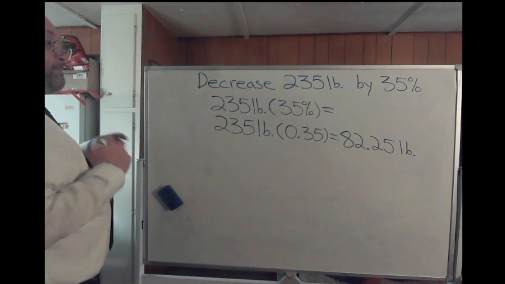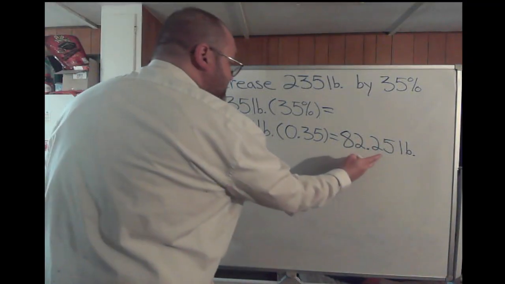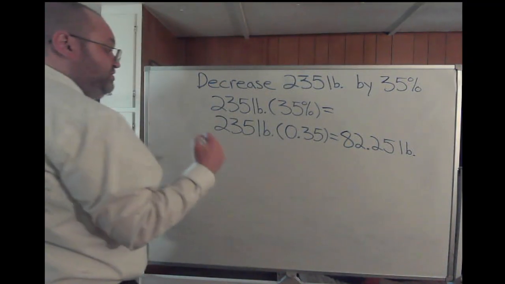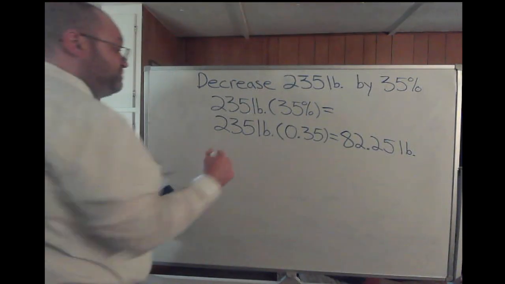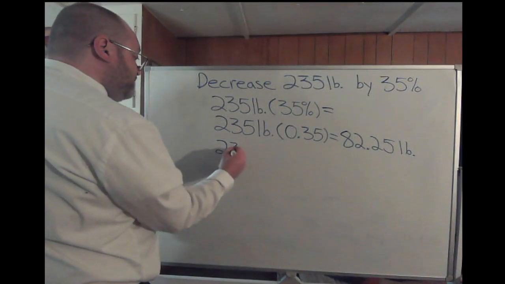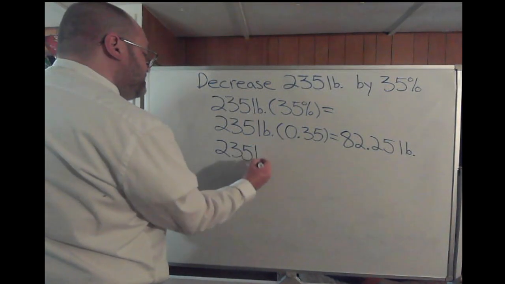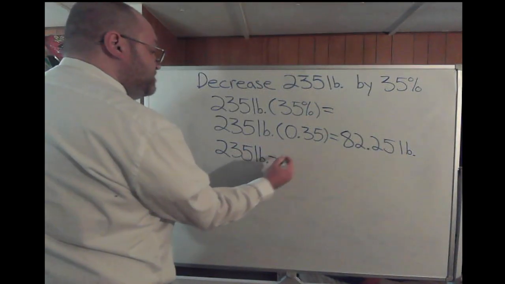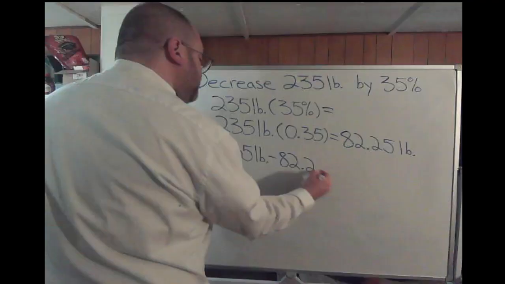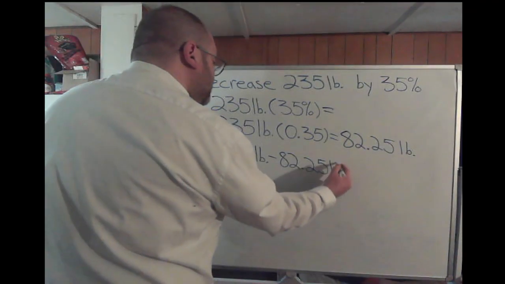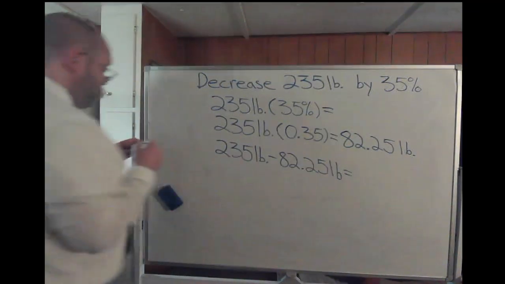So that's the amount I need to take off. Since this is a decrease, we do the original weight minus the change of 82.25 pounds, and that should get me to my dream weight.